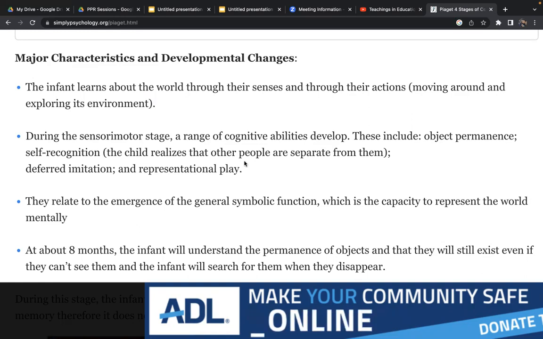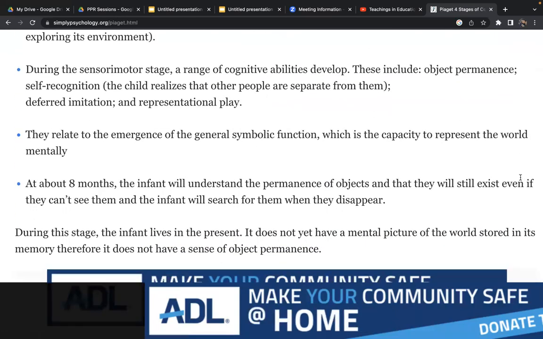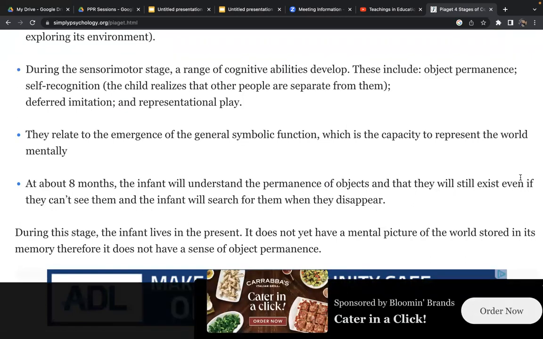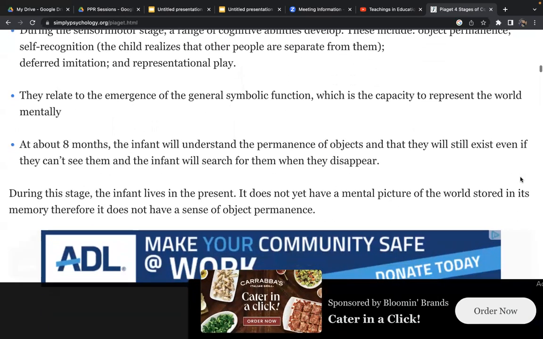During the sensory motor stage, a range of cognitive abilities develop: object permanence, self-recognition. The child realizes that other people are separate from them. Deferred imitation and representational play. They relate to the emergence of general symbolic function, which is the capacity to represent the world mentally. At about 8 months, the infant will understand the permanence of the object.